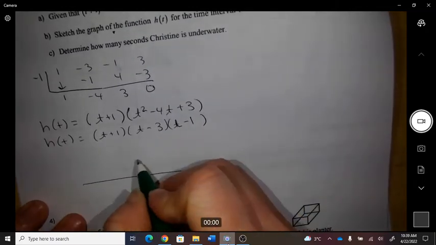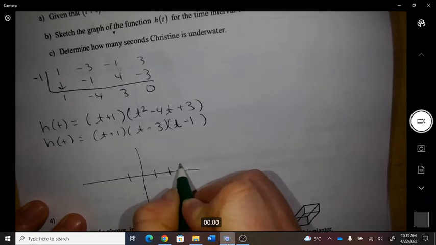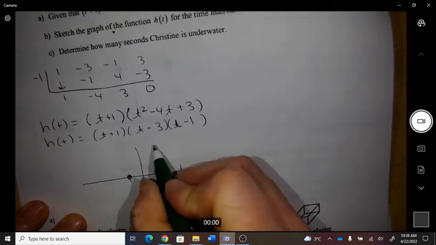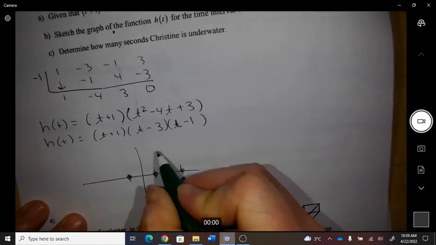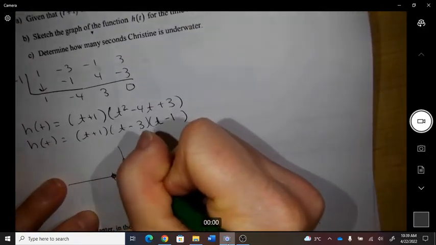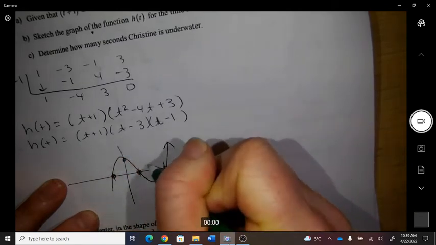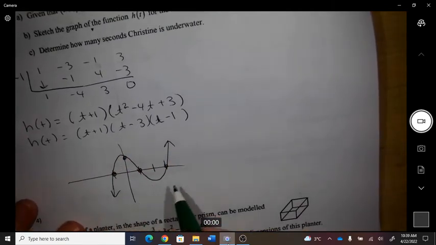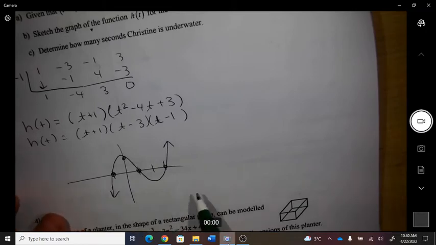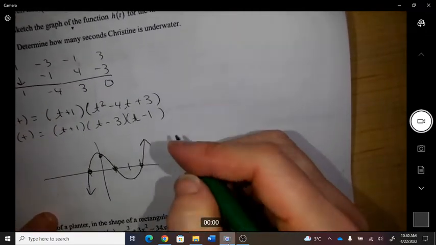Okay, so this is going to have x-intercepts at negative 1, 3, and 1. And its y-intercept is 3. And it is a cubic. Okay, but I don't want all of that because it says over the domain 0 to 3.